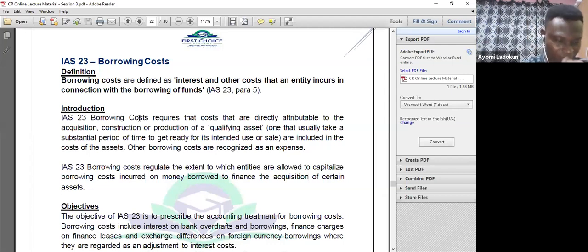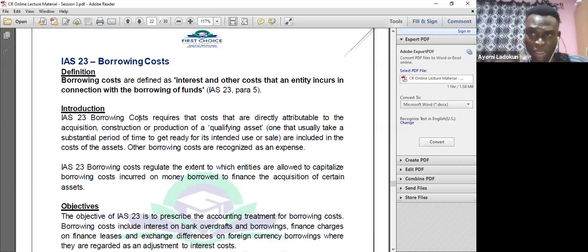Now listen, before IAS 23, just the example I gave now, if I go to the bank to borrow money, the extra charges that I'm paying on the borrowed money, I will take to my profit or loss account as finance cost. Let me say that again.